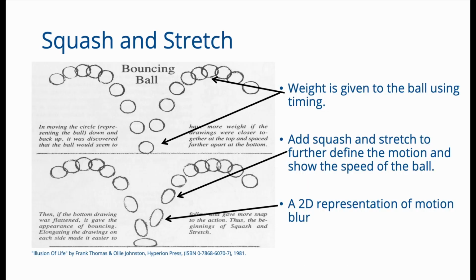Then the next principle is squash and stretch. So if you have a bouncing ball, then this bouncing ball, as it drops down from a height, it gains speed, right? So if you even look at a video of a bouncing ball that is dropping down from a height, as it is about to strike the ground, if you pause your video, you will see that the bouncing ball appears slightly elongated.